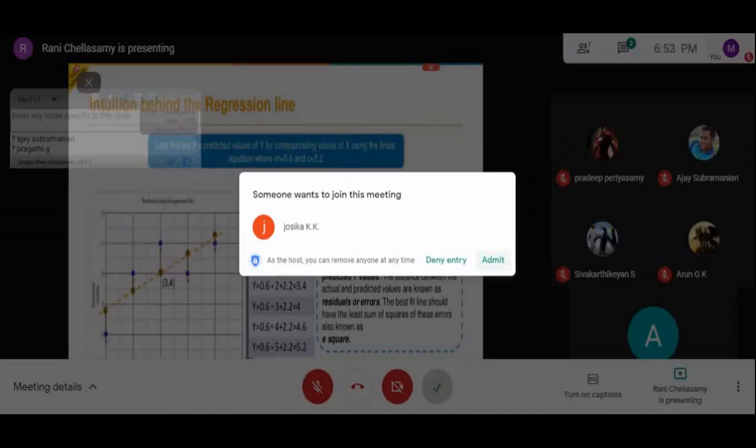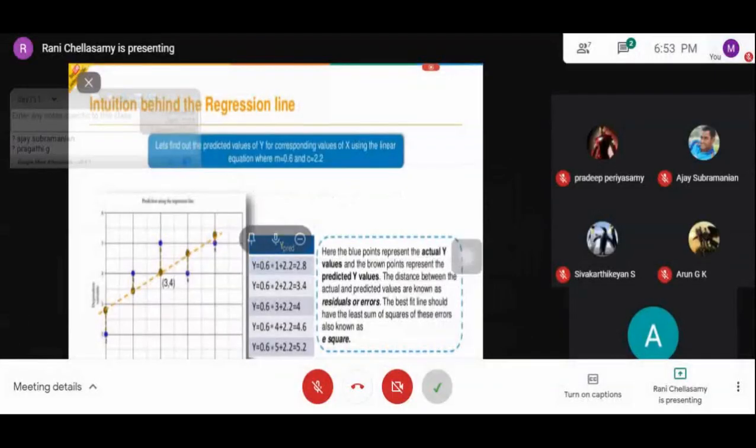So see this picture. First, the data points, the blue points, represent the actual y values. Fine, and the brown points represent the predicted y values. So the predicted y values are here: 2.8, 3.4, 4, 4.6 and 5.2.